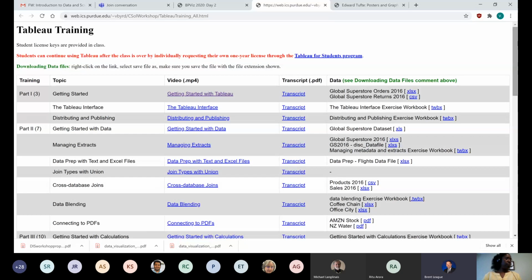So Dr. Bird, Subhash asks, do the variable names under tables load by default in Tableau? Oh, you mean the variables that you have in your data set?